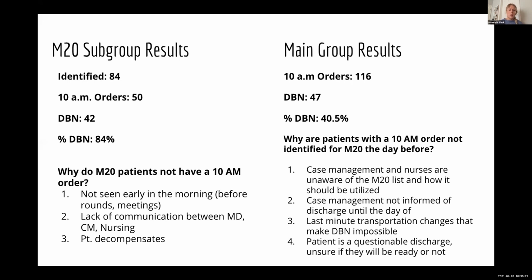That was a few of the staff not being informed, some miscommunication issues, people not being aware of what the M20 list is, some transportation changes that made discharges before noon impossible, and some patients having questionable discharges and not being sure if they were able to leave by noon.